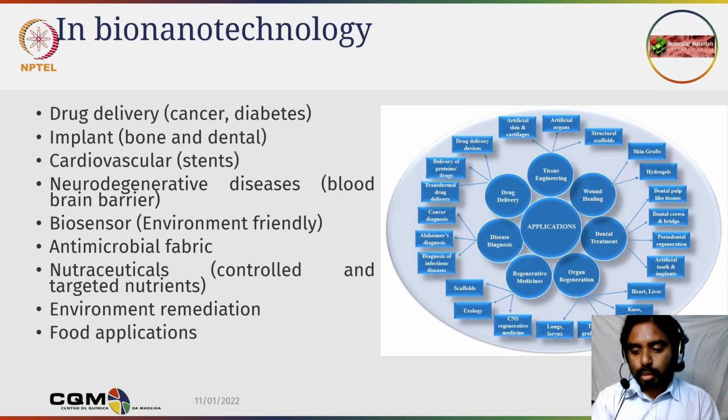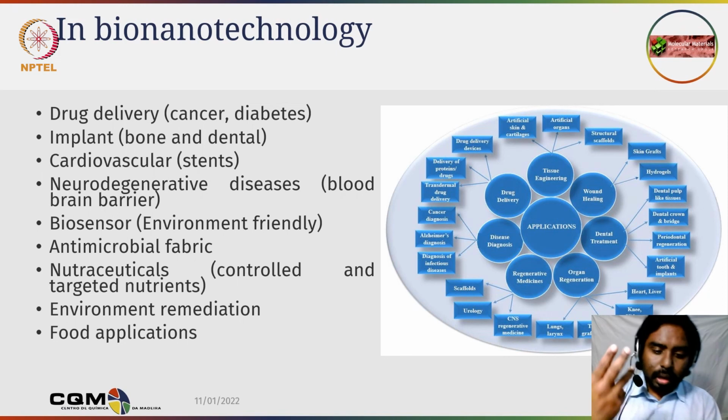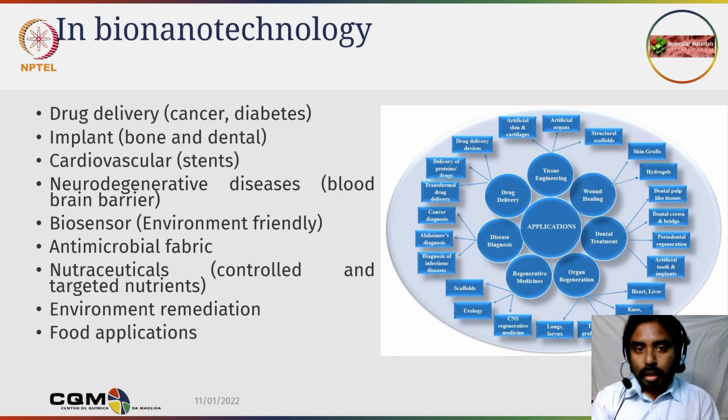right? Even now for SARS-CoV-2, silver nanoparticles are used in biosensors to detect the presence of the virus from saliva. It is not yet commercially available, but maybe next year it will come out in the market. For biosensors we can use them because they are highly environment friendly and degrade faster.